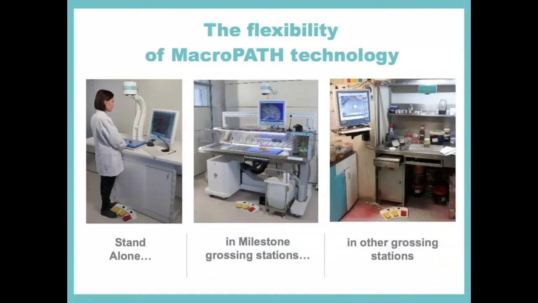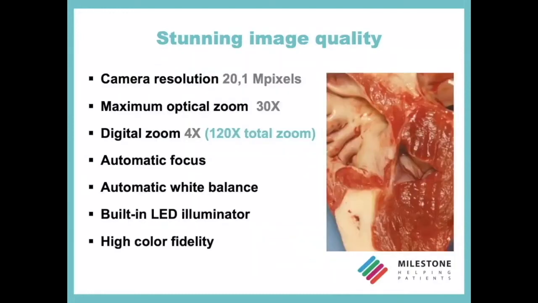The MacroPath system is designed to be extremely flexible, as a self-standing photo set, integrated into an existing grossing station, and built into our Milestone innovative grossing centers. MacroPath is a quality and a productivity tool.